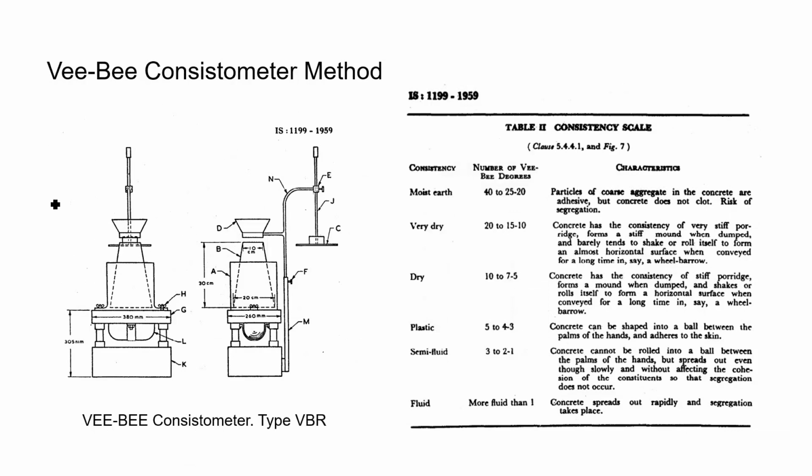Now, another test is the VV consistometer method. So, the instrument is seen here. In this instrument, a cylinder is placed on a table which is fitted with a vibrating mechanism, and in this cylinder, the slump cone or frustum is placed, which is attached to a collar, and the freshly mixed concrete is put into this slump cone through this collar, and it is compacted in 4 layers by giving a suitable number of blows with the tamping rod.